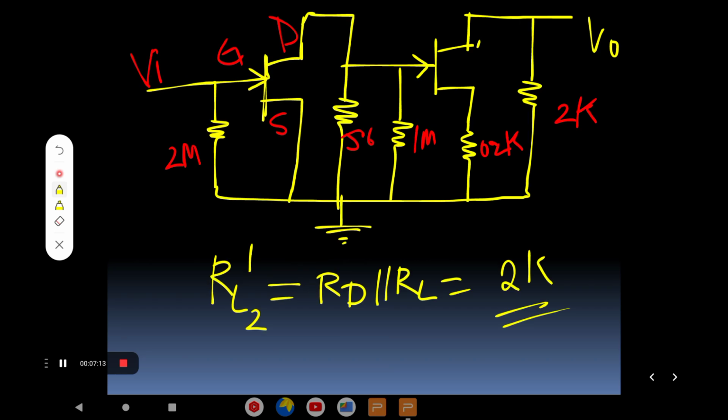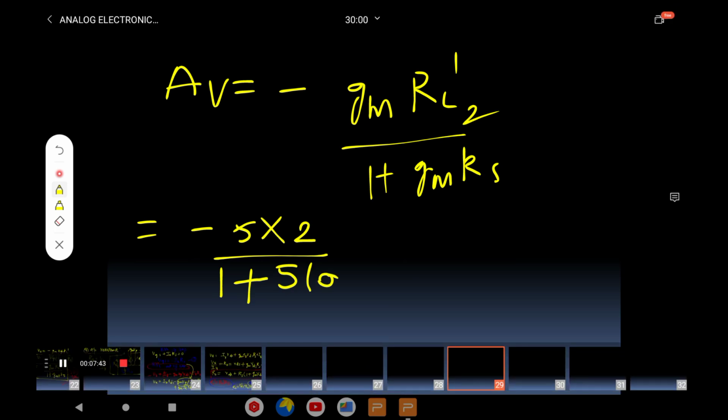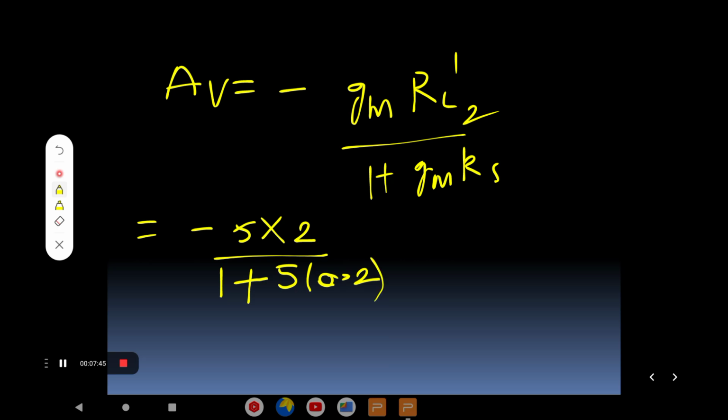In this case the source resistance is Ri, which is 2 mega ohms. So you will get a value of 0.2.